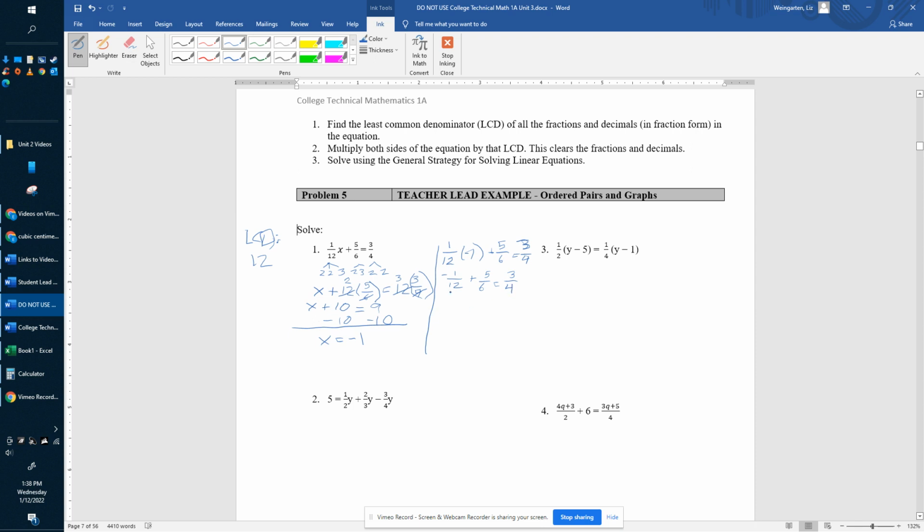So now we can multiply both sides by 12 again. We get -1 plus 10 equals 9, and 9 equals 9. We are good to go.